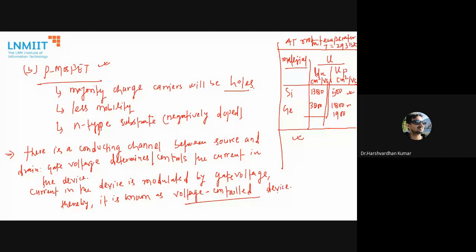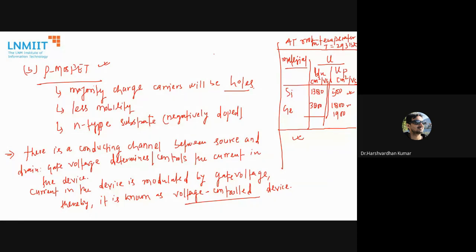If I ask you in the exam why the MOSFET is known as a voltage controlled device, your answer should be: the current in the device is modulated, or controlled, by the gate voltage, thereby the MOSFET is known as a voltage controlled device. How it controls, we will see later.